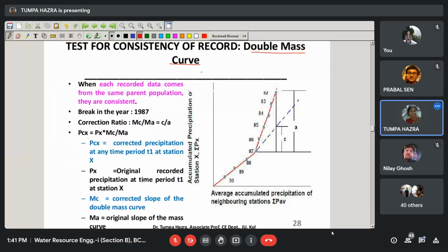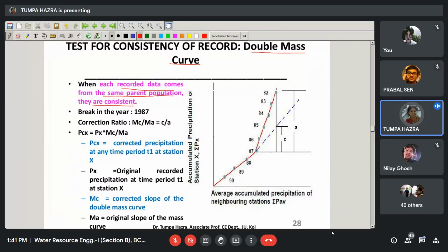So that is why whenever we use some data, we have to check the consistency of the data, assuming that each recorded data comes from the same parent population. It should be consistent.